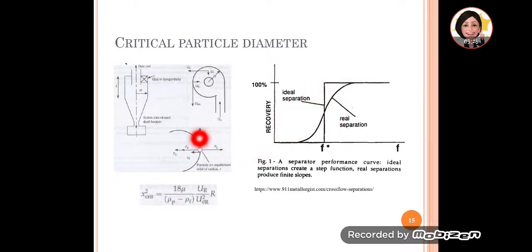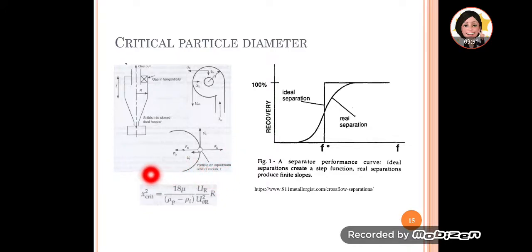So for that we have to do a force balance for a particle size. Let's say it's in equilibrium, and it is governed by these forces. When we make an equilibrium of these forces, we get this equation.